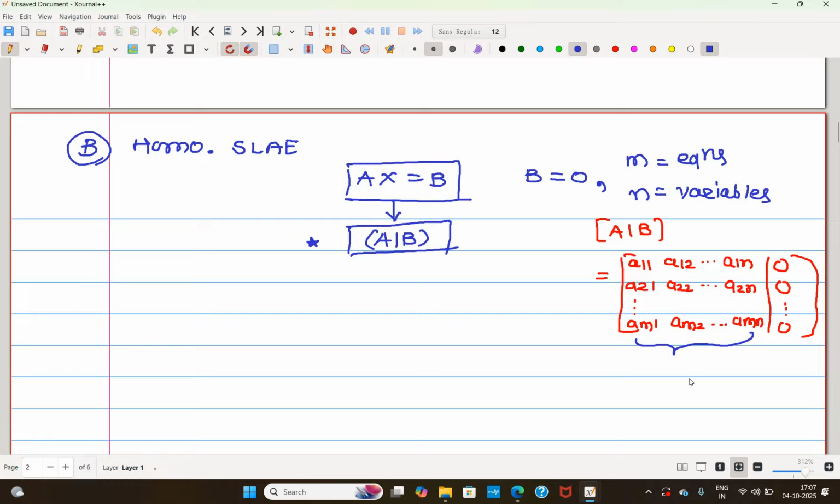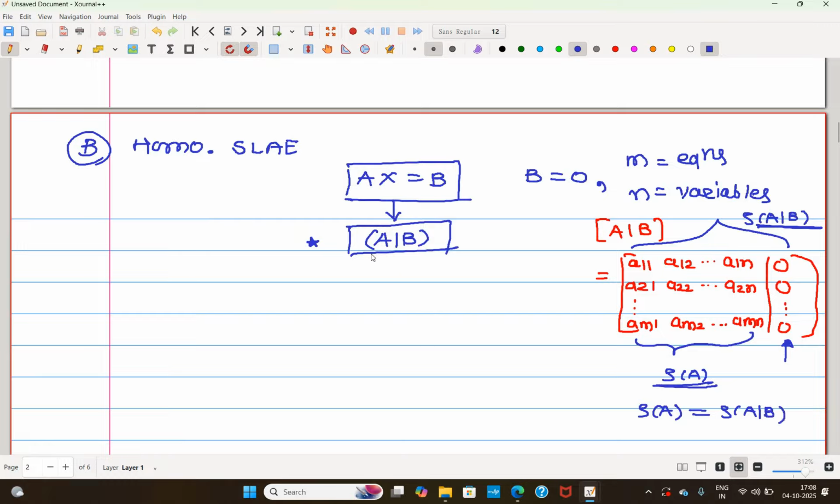Now this gives you the rank of A, correct? And this entire matrix will give you the rank of AB. Now tell me whether that last column, which is this one, is contributing to the rank? No, right? So whatever rank this coefficient matrix is having, the same will be the rank of that augmented matrix. Means for a homogeneous system of linear algebraic equations, the rank of A is always equal to the rank of AB, correct?